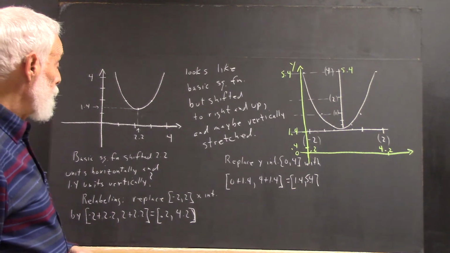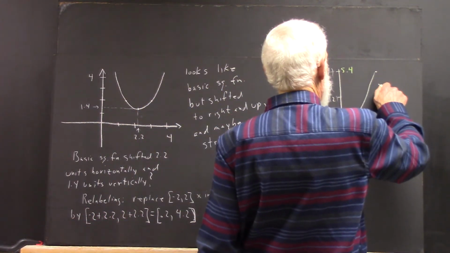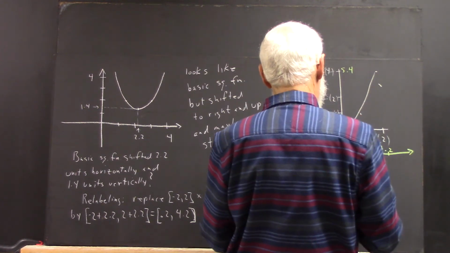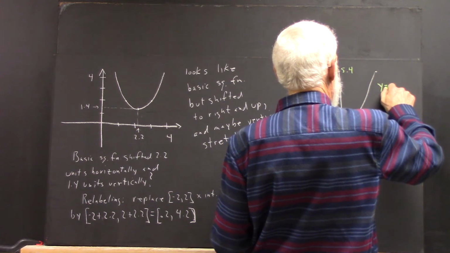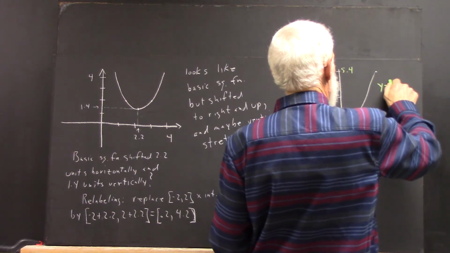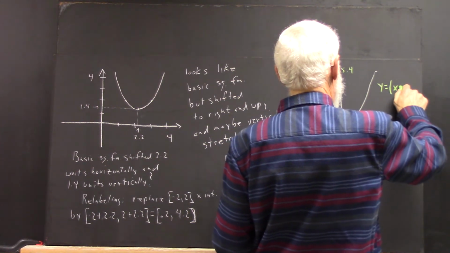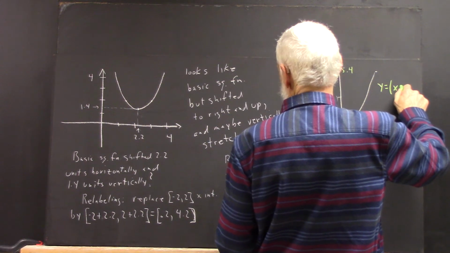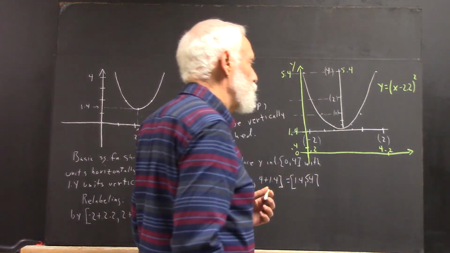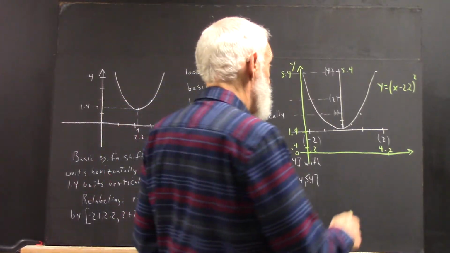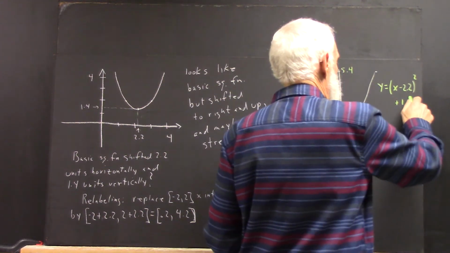The other thing is now that this function would be then x minus 2.2 squared plus 1.4.